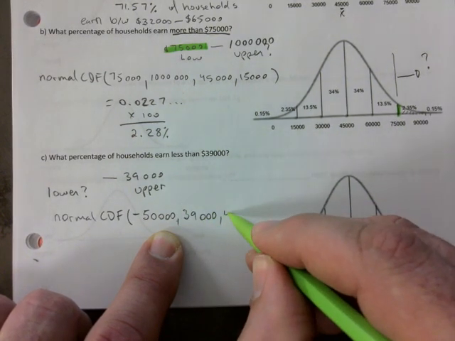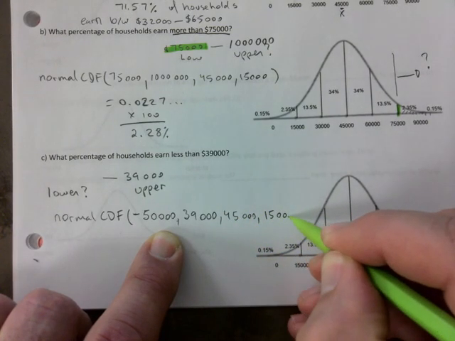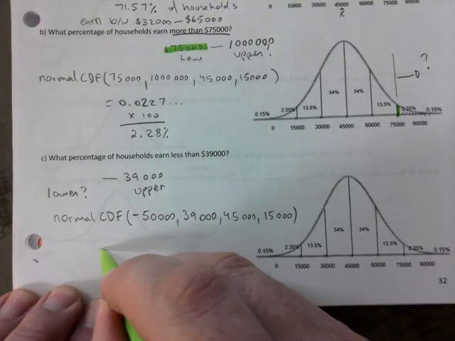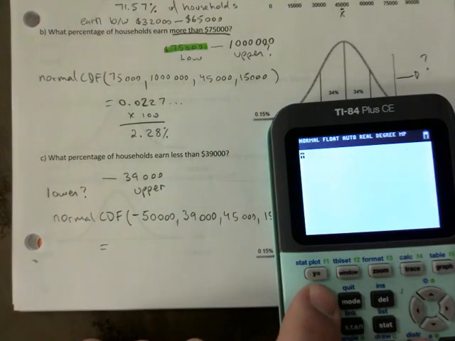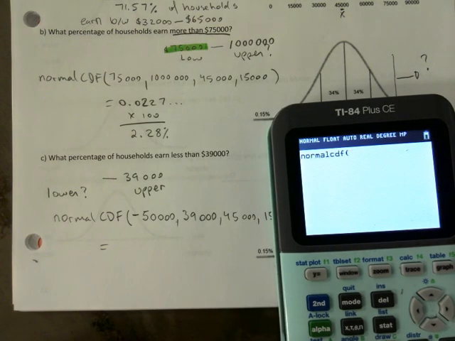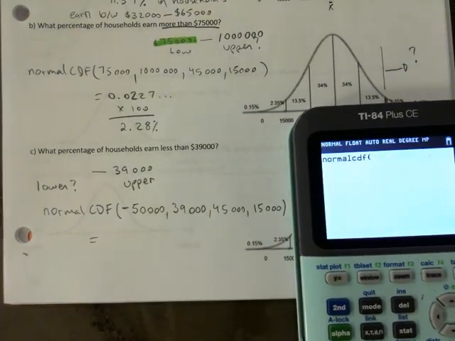And then you plug in your mean and your standard deviation, like that. So let's enter that. I'm just going to call it again, because I don't like to write over existing numbers. So I'm going to go negative 50,000. Can I go negative a million? Yes, you can if you want. Just exaggerate a little bit.